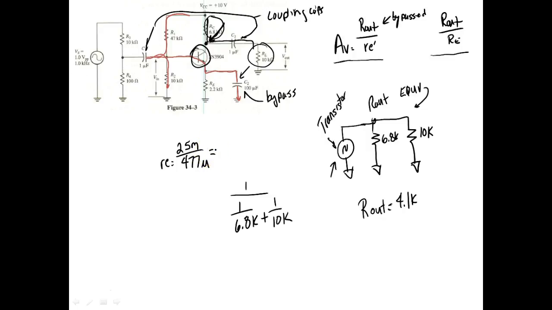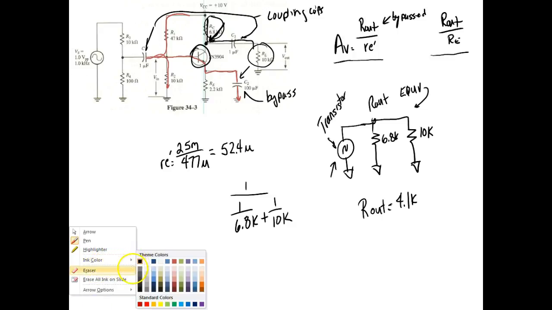And I've got a little delay in my computer between what I'm writing and what's appearing. So what are we expecting for our RE prime? It's around what? 52.4 ohms.